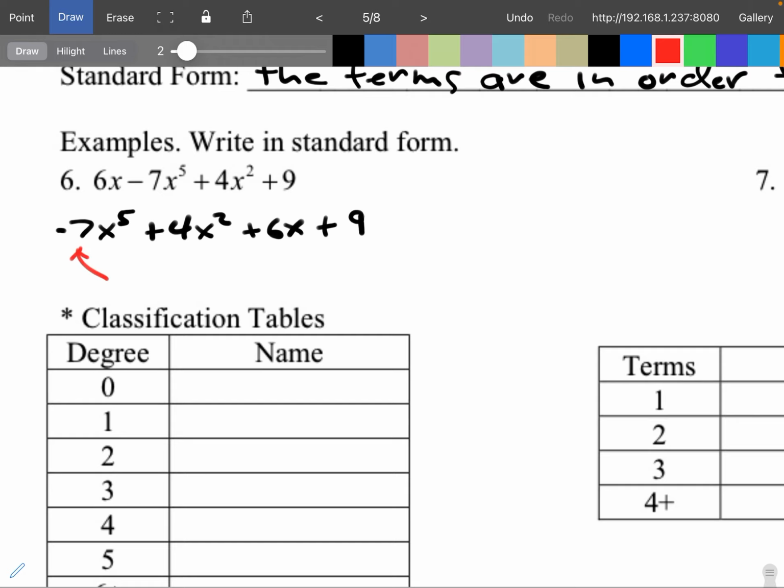It is just the number out in front of the highest power term. Again, one more time, the leading coefficient is just the number that's out in front of the term with the highest degree.